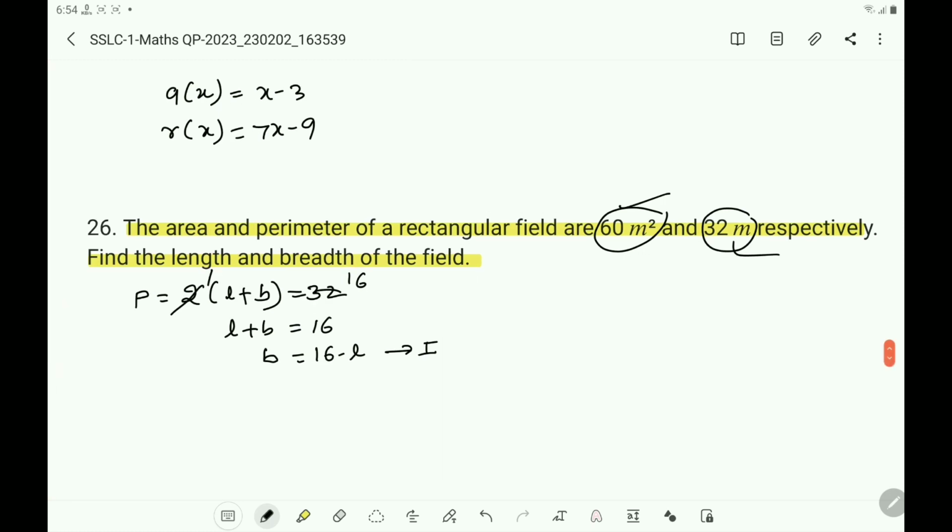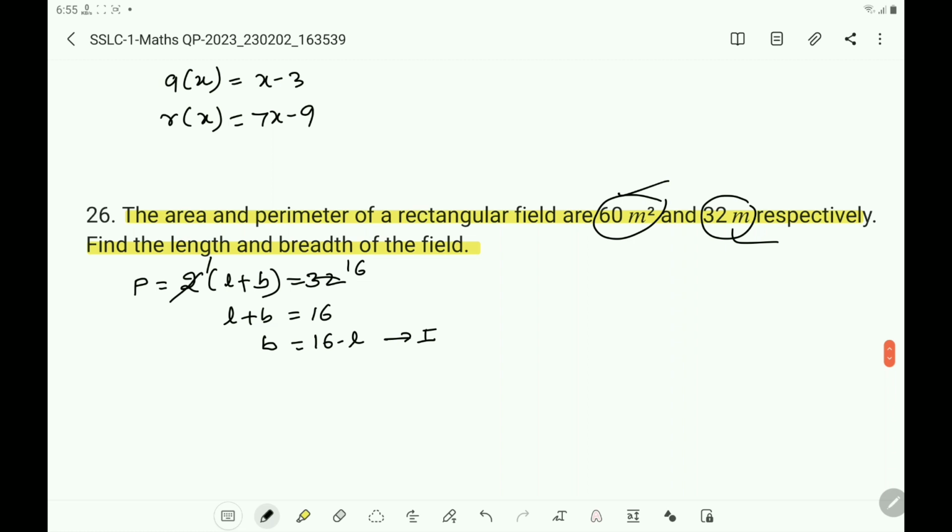Now you take the area. What is the formula for the area of the rectangle? Area of the rectangle, A equals L into B is given. That is how much? 60 m square. Then L you write L only.